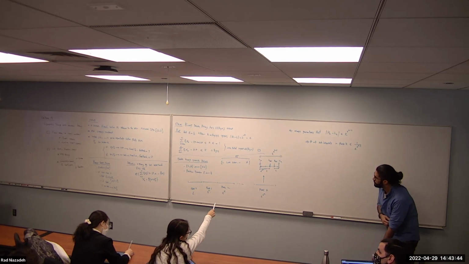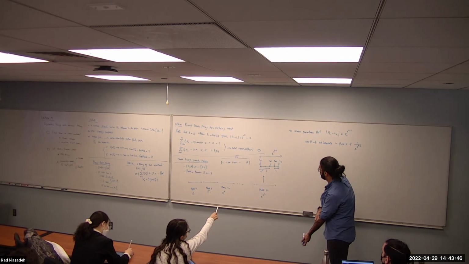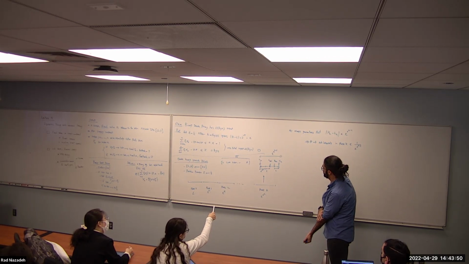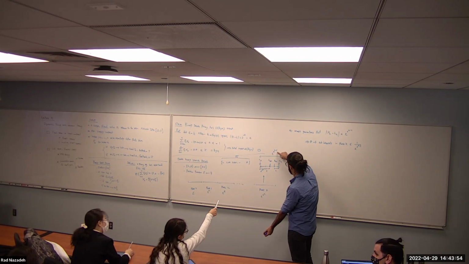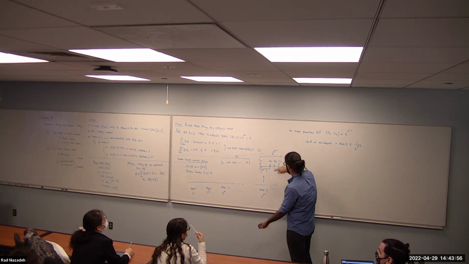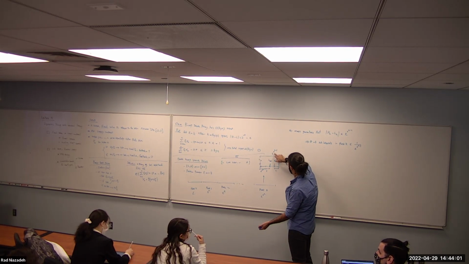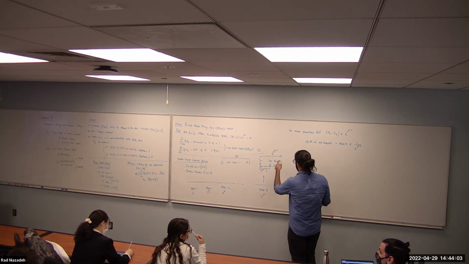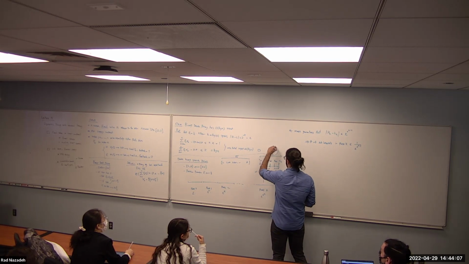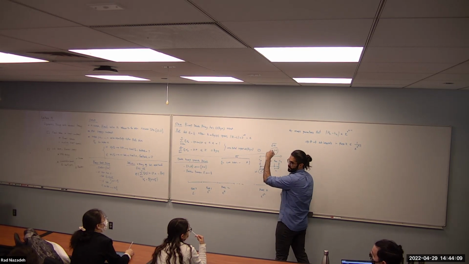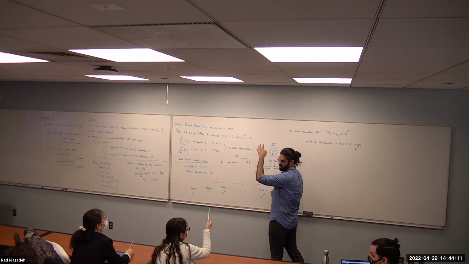Can you explain this drawing? How can epsilon squared to the power k be less than that one? Epsilon is between 0 and 1. If you call this number alpha, this number is the square root of alpha, and the square root of alpha is larger than alpha.